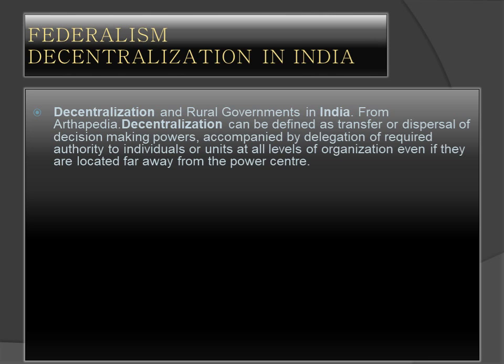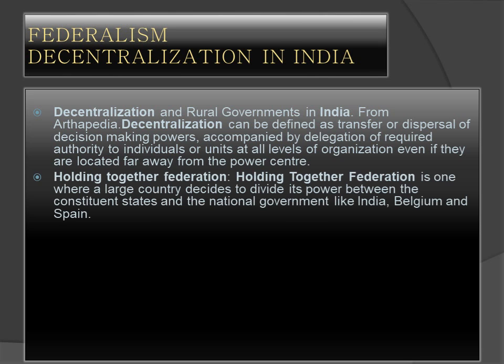Decentralization has a great influence on the promotion and developmental aspects of the political functioning of any country, because it is accompanied by the delegation of required authority to individuals or units at every level, from state level, central level, and municipality or panchayati level. Even those located far away from the power centers can thus have smooth functioning of governance.